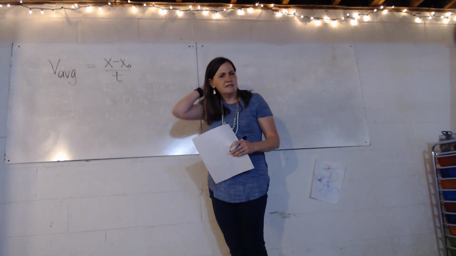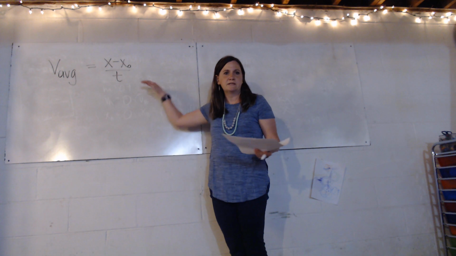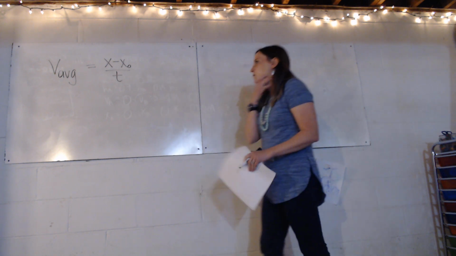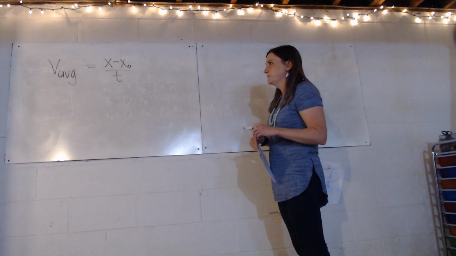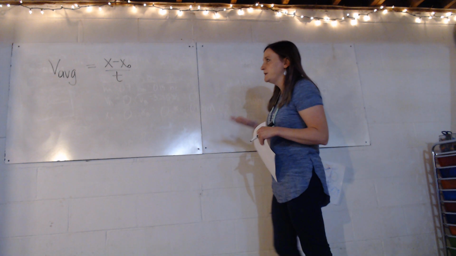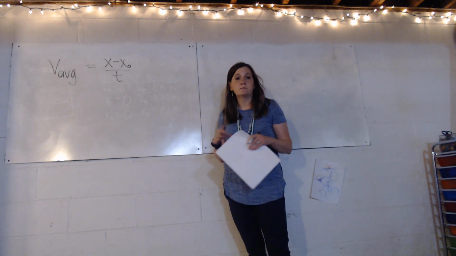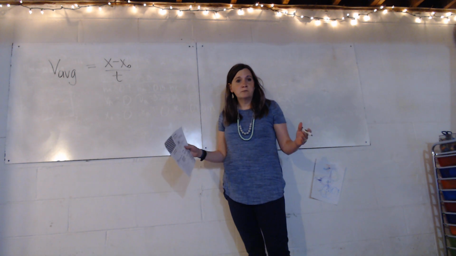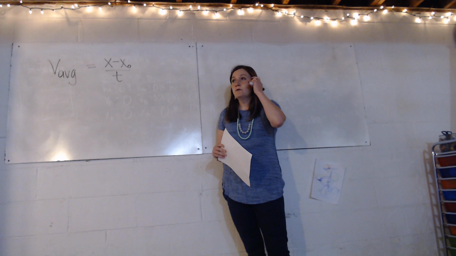But in its simplest form, some of you saw speed as distance divided by time. This is the same idea, okay? So average velocity is something's displacement divided by time. Now, this allows me to figure out the rate at which something is moving, but I have to have a measurable distance and a measurable time.